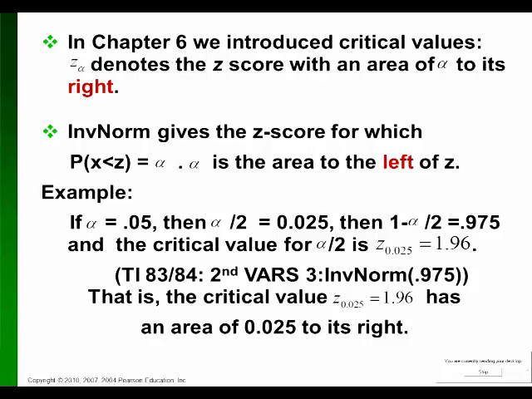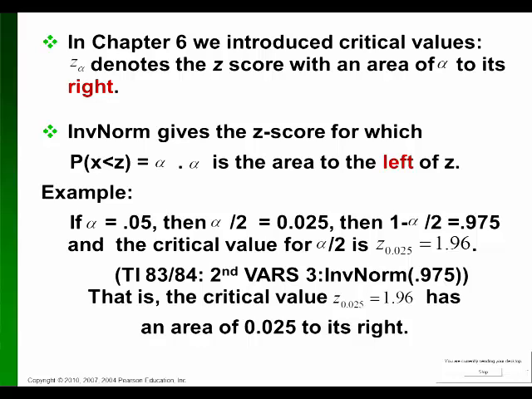Alpha is 0.05. For reasons that you don't understand yet, you're going to take a half of that. A half of 0.05 is 0.025. So alpha over 2 is going to be the area to the right, and 1 minus alpha over 2 is going to be the area in the middle.